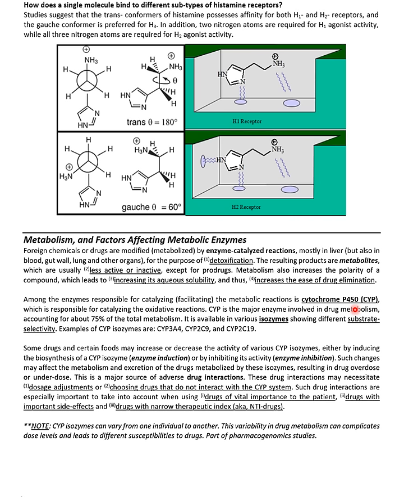The CYP is responsible for catalyzing the oxidative reactions. The majority of the reactions that occur for the drugs are actually oxidative reactions. So CYP is responsible for the oxidation, and it is the major enzyme involved in drug metabolism, responsible for about 75% of the total metabolism.